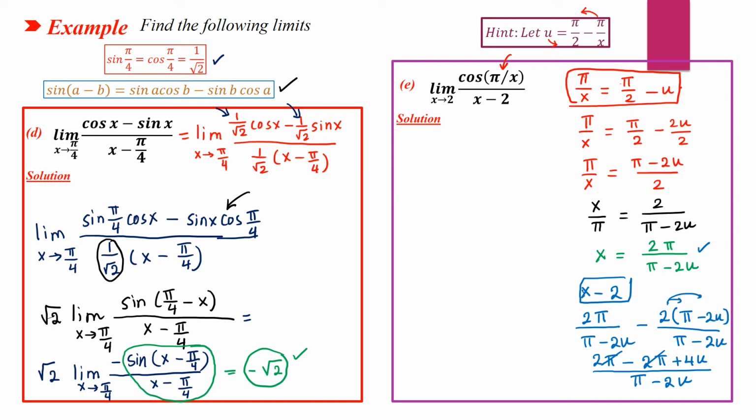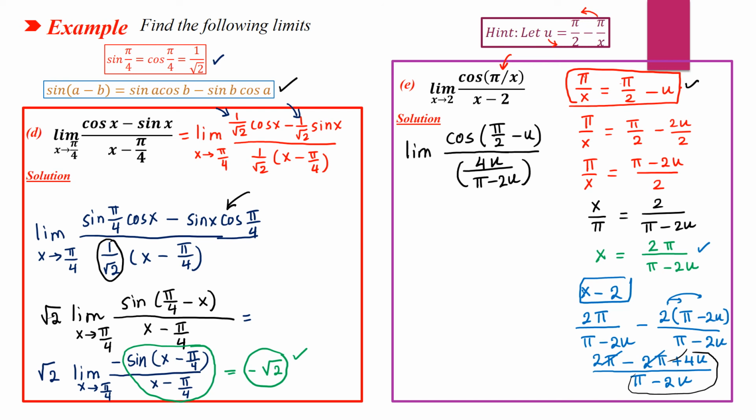This is the denominator. Now we will go to our limit. So our limit equals the limit of cosine pi over x, which is pi over 2 minus u, and the denominator is x minus 2, which is 4u over pi minus 2u.